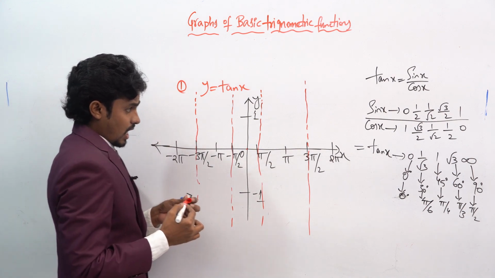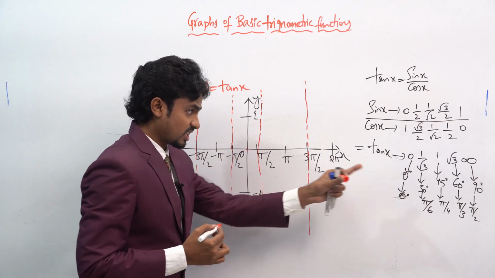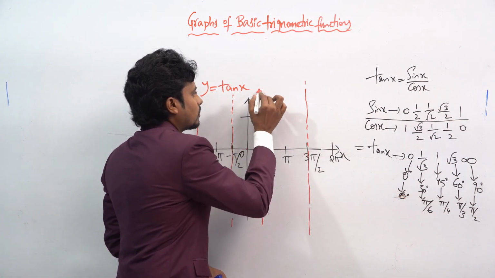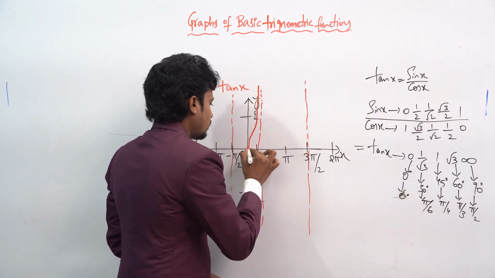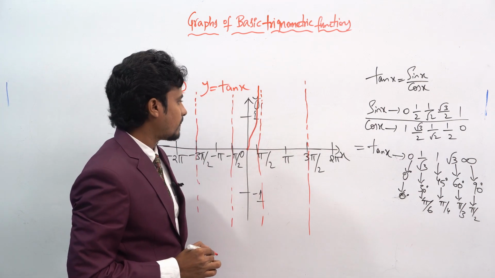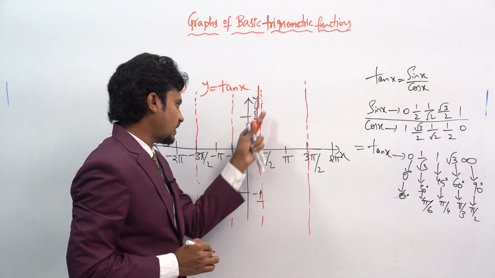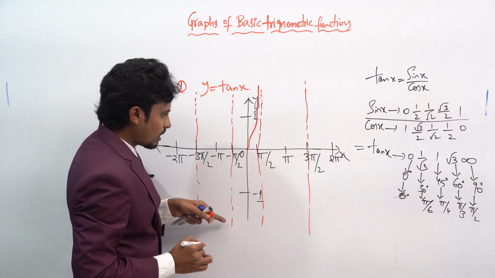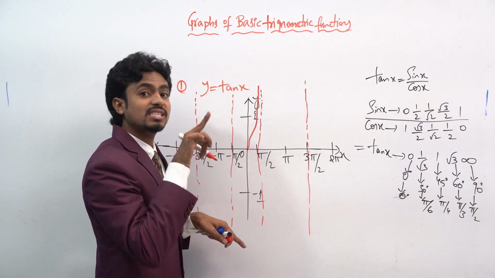Here at 0 you will get 0, at pi by 2 you will get infinite. So this will become like this. Okay, at pi by 2 you will come from infinite, and whenever you reach 0 you will get 0. From here, minus pi by 2 means that will be minus infinite.